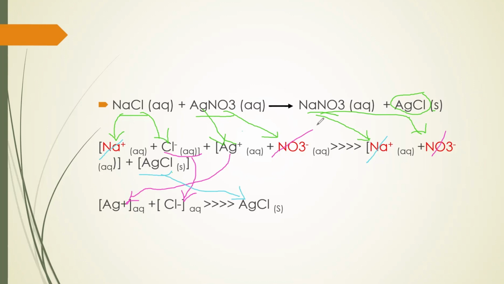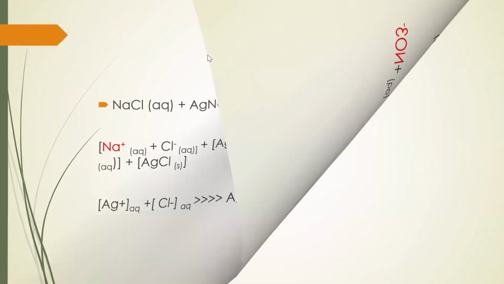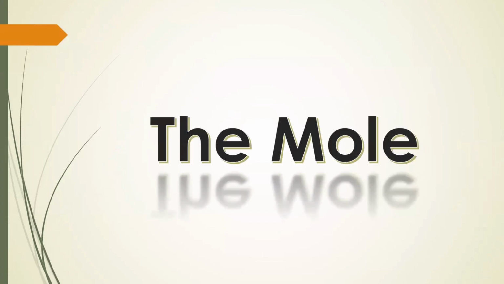In this reaction, the silver ions from the silver nitrate come and react with the chloride ions from sodium chloride and form the AgCl precipitate. And this is the ionic equation.